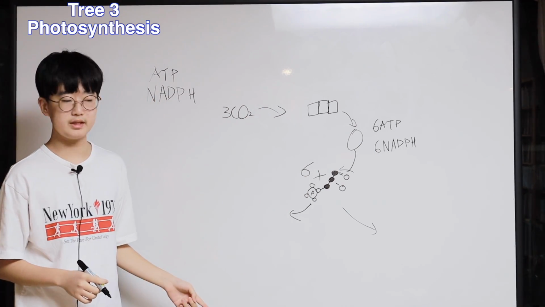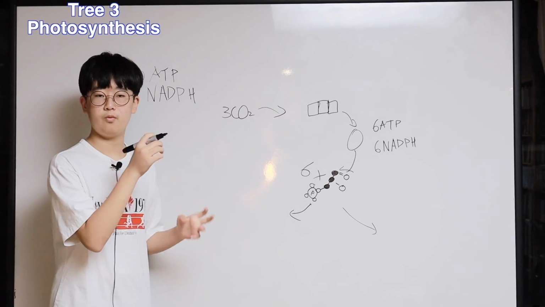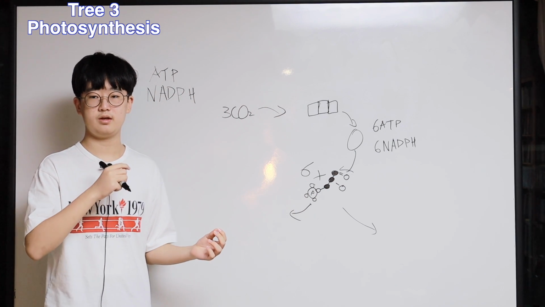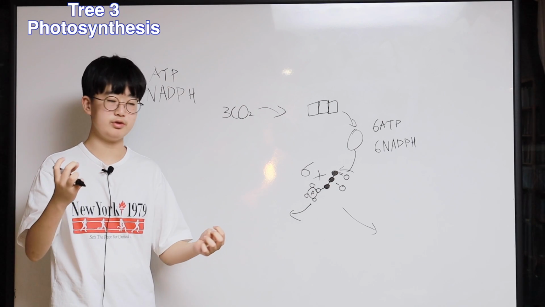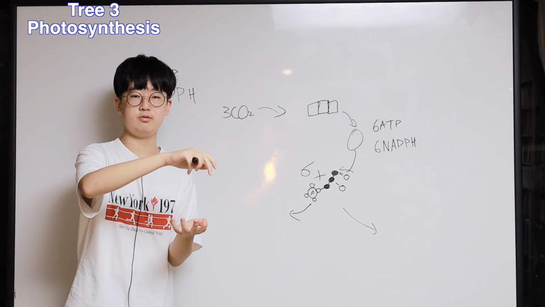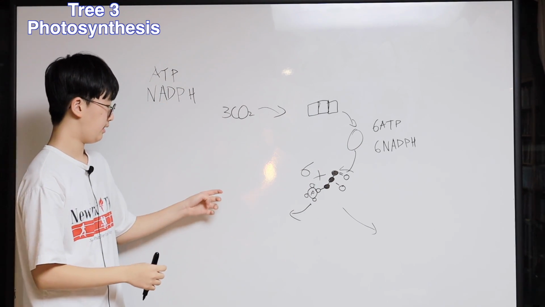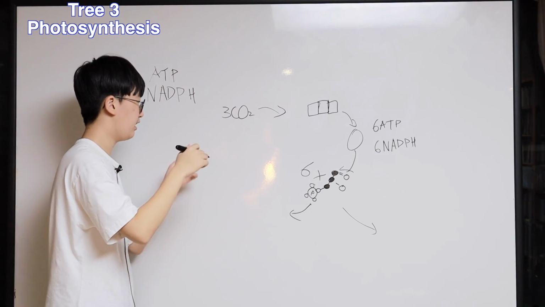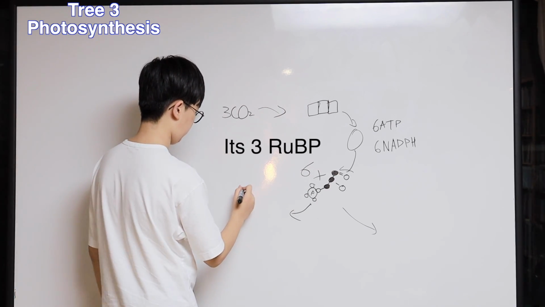Those 5 GAPs are now turned into 3 RuBPs, while 3 ATP molecules are being used to make energy and phosphate molecules. A little bit of phosphate sticks onto the GAPs, and a little bit of changing happens. And as the whole thing happens, 5 RuBPs are made.